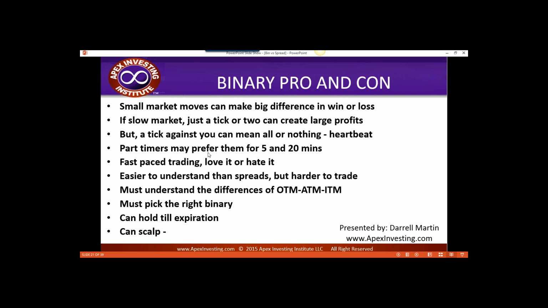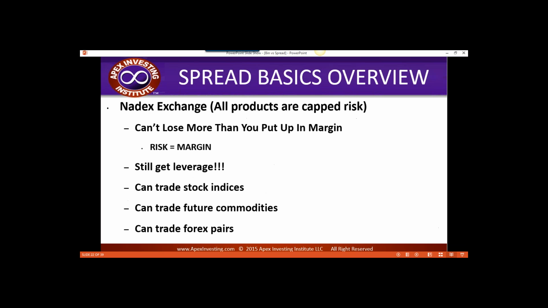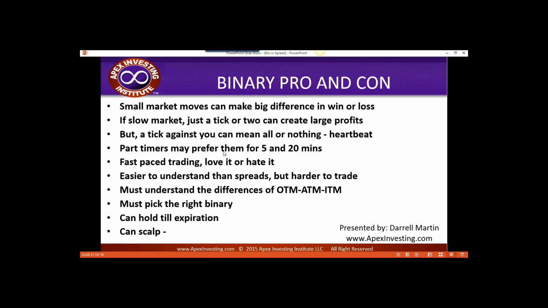So, any questions on what we just covered? We're not getting into charts and systems and strategies and all that. Just covering the basics of a binary, different binaries, pros and cons. That's the biggest thing to keep in mind.